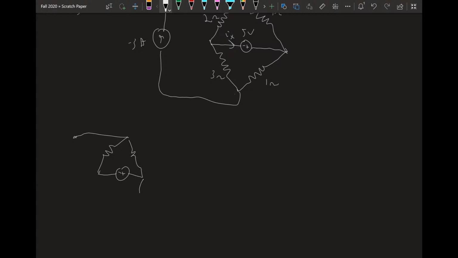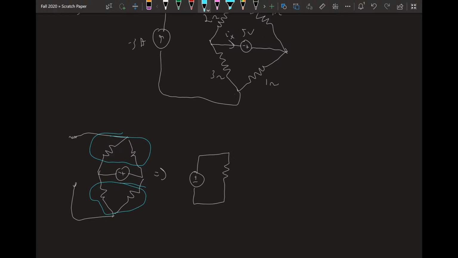Right? This is now an open circuit. Well, I can redraw this triangle as something like this. Let me turn it into something that's more familiar to us. And now we can see that these resistors are in parallel, and they're all in parallel with that 5-volt source.